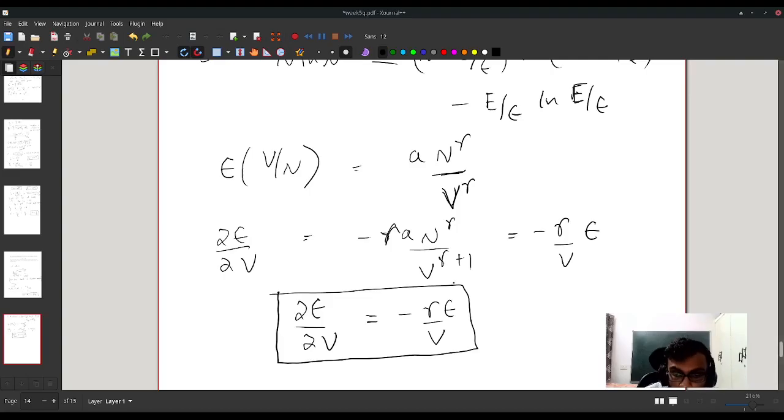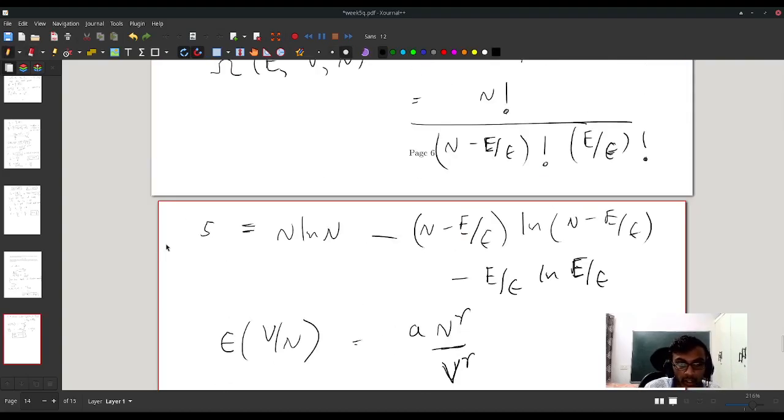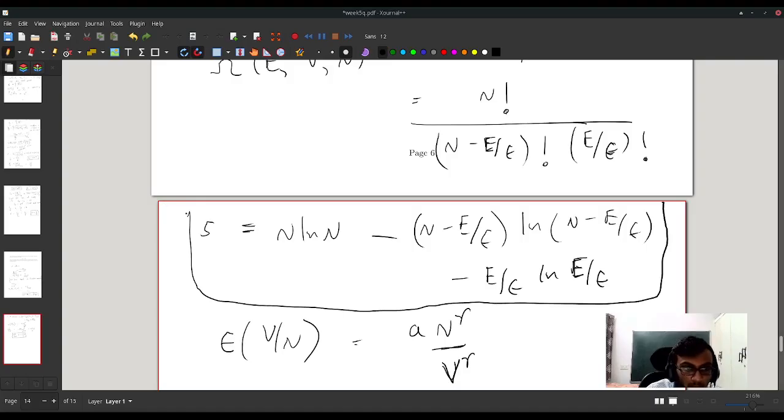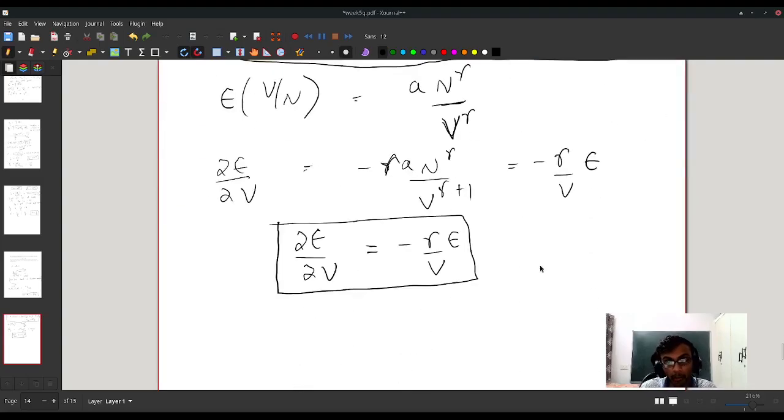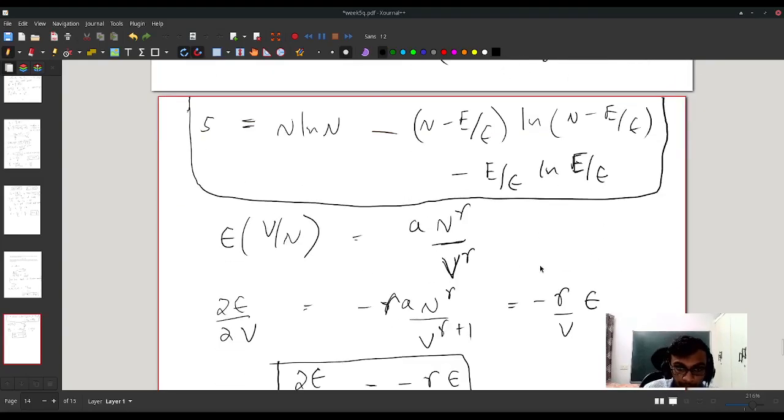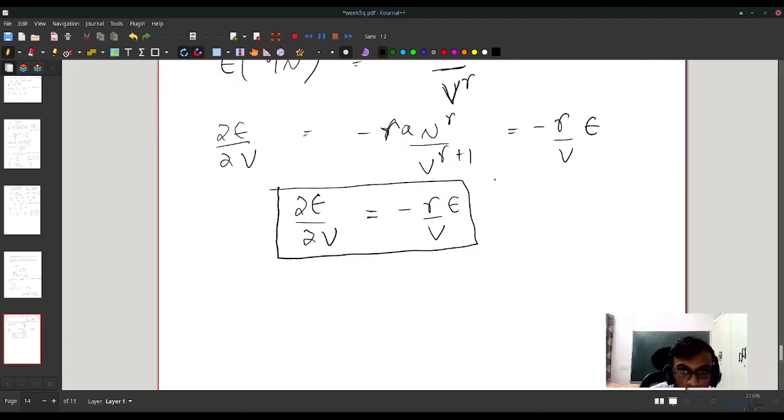So we now have to think of this expression for entropy by saying that this epsilon here is indeed a function of volume. So there's a dependence on volume for entropy through this epsilon. Okay, so that is the main point of this question.